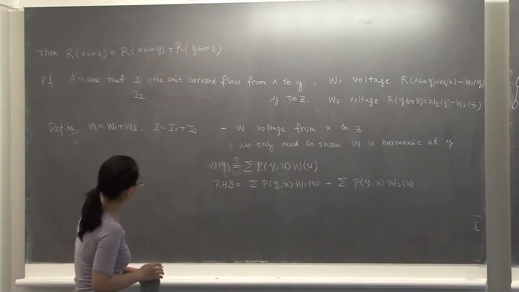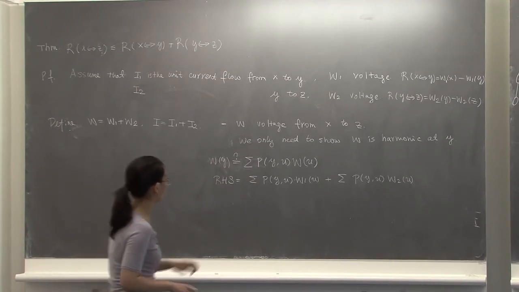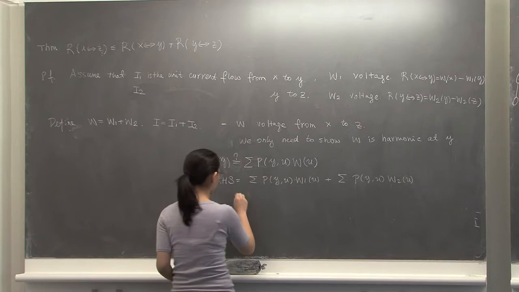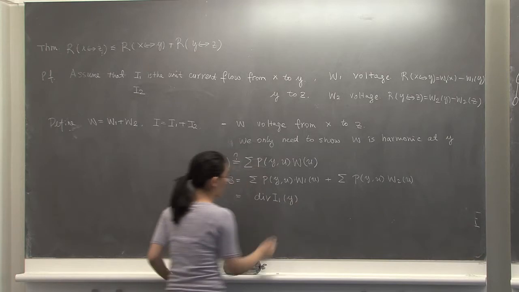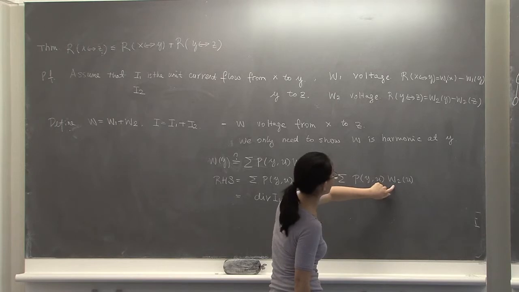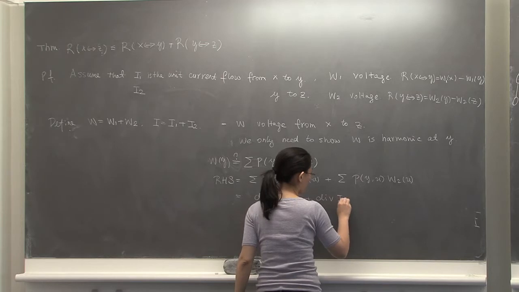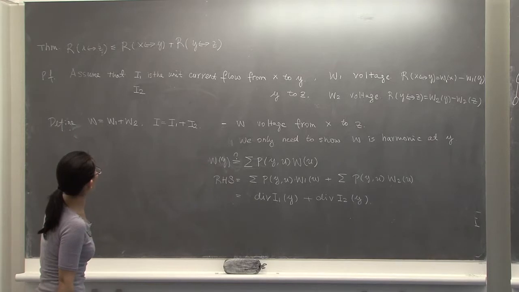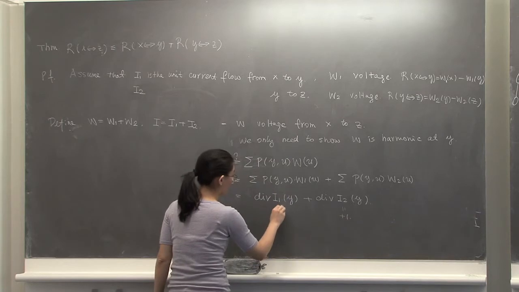and we know that W1 is the harmonic function from X to Y. So this is exactly the divergence of the current flow at Y, divergence of I1 at Y. And this is because W2 is the harmonic function from Y to Z, and we are summing over Y. So this is exactly the divergence of I2 at Y. And here, since we assume I1 and I2 are the unit current flow, this guy equals plus 1, and this guy equals minus 1.